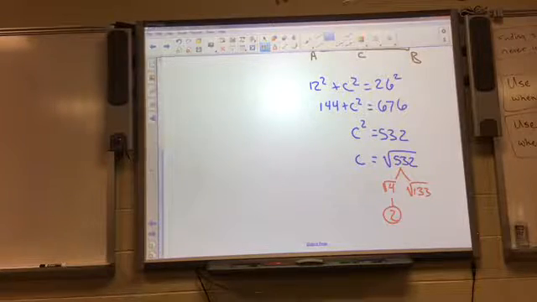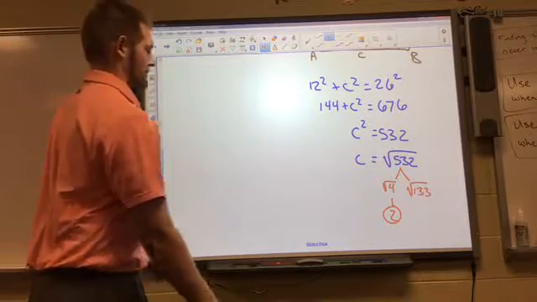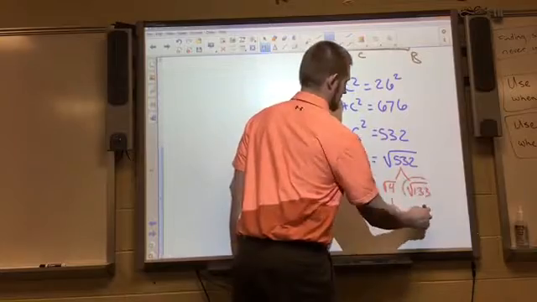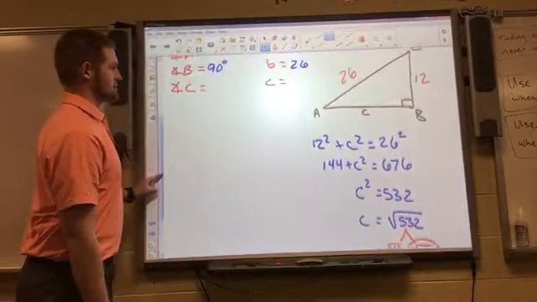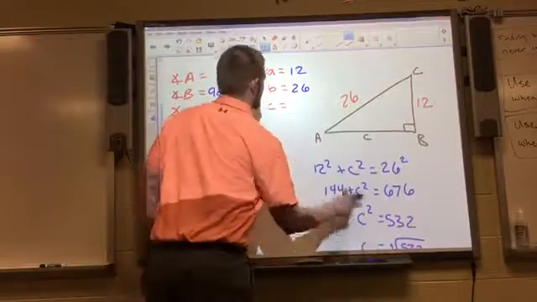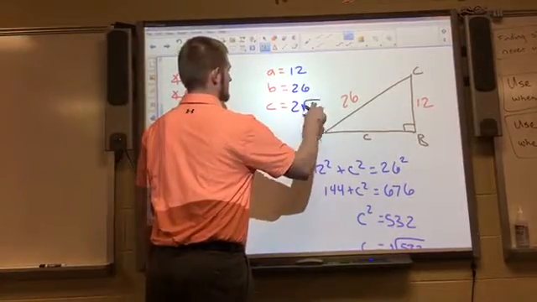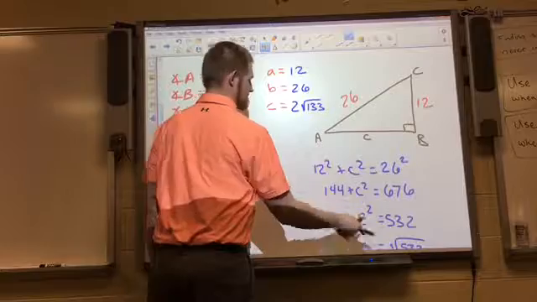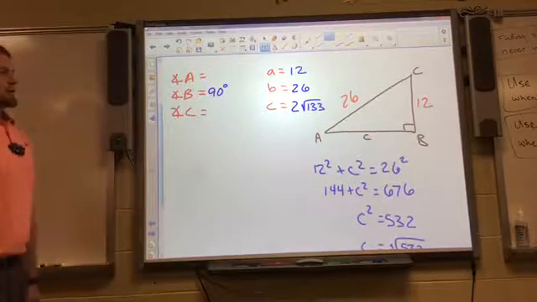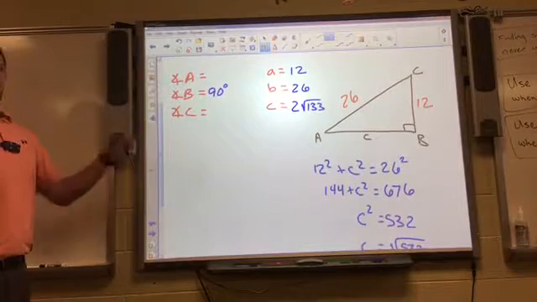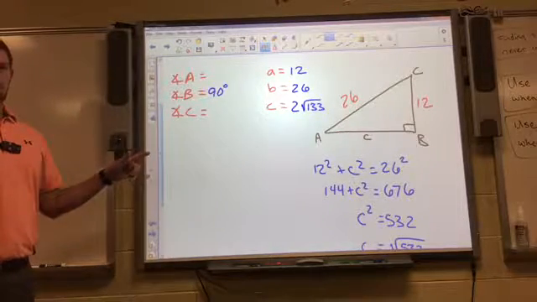Anybody find anything? I don't think it does. Okay, so my side length is 2 square roots of 133. Okay. We all should have been able to get to that.